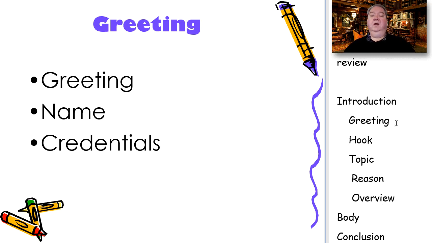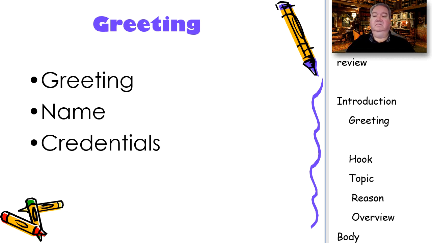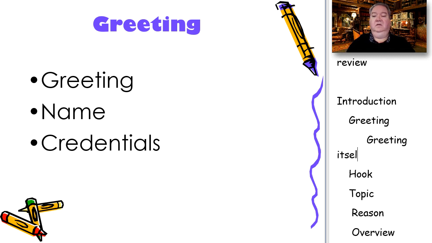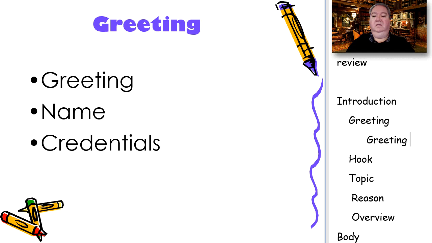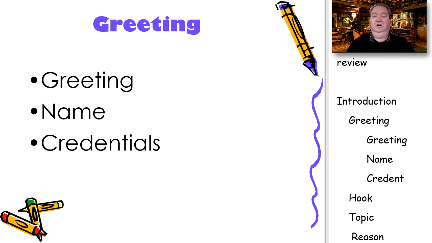In the greeting, there are 3 parts. The greeting itself, your name, and your credentials. Greeting, name, and credentials. This will be a group presentation for you guys, so names, plural here.